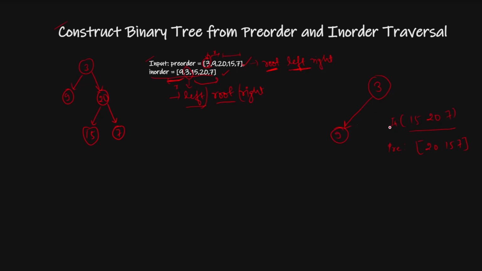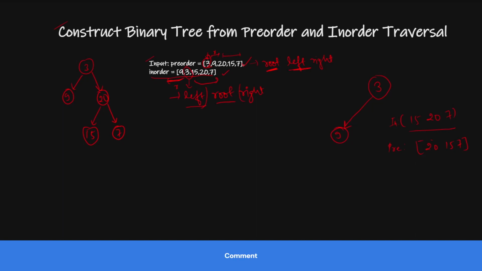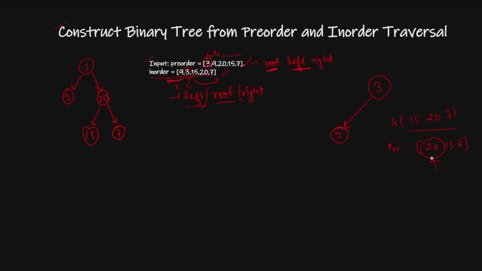Now I have to solve this. So from here, the preorder's zeroth element will be my root. For this root, first of all I find it here in the inorder. Now this will be my left subtree, and this will be my right subtree. So I will remove this and make this root here.